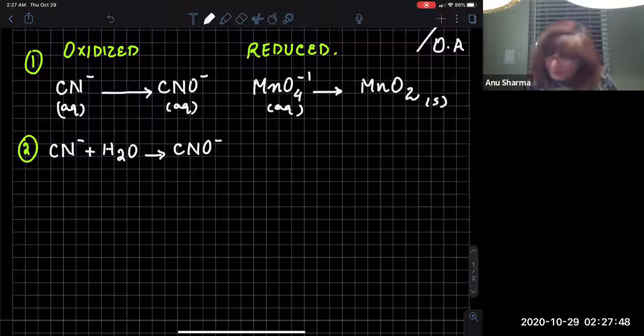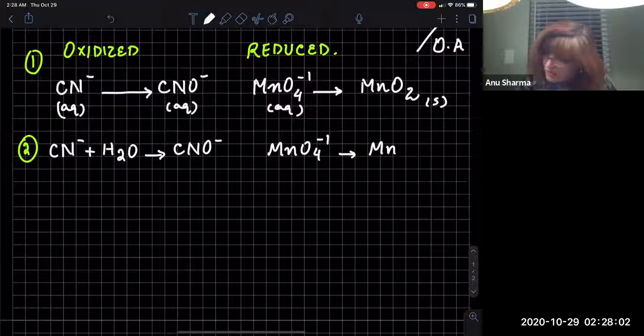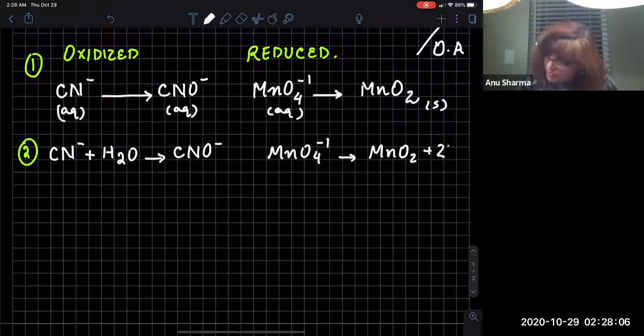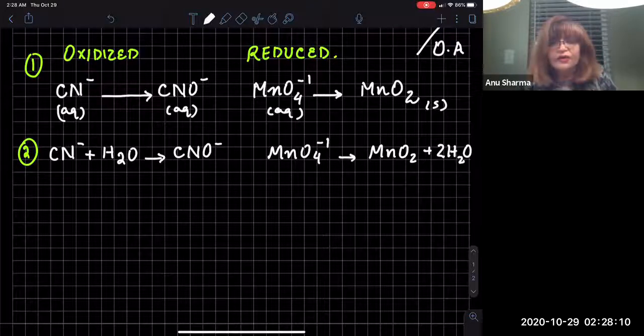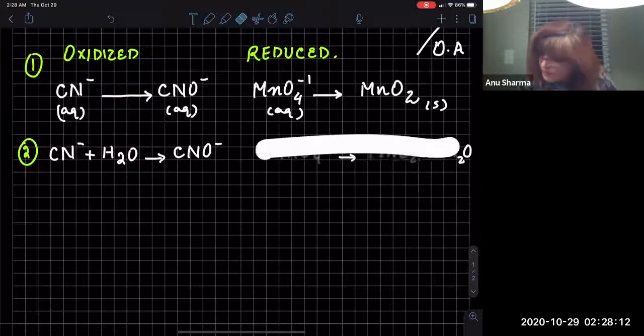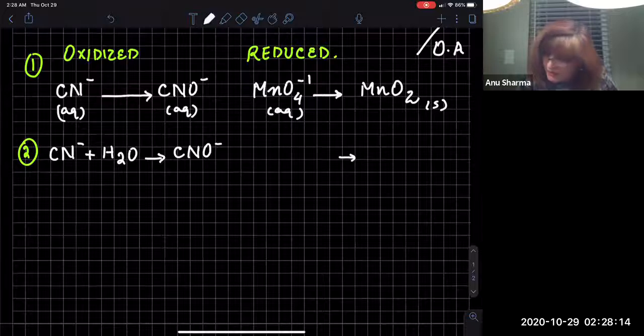Okay, look at this one, MnO4, 1 negative. That one, we need to add MnO2, and then you're going to add 2 water molecules. Why? Because we need 2 more.